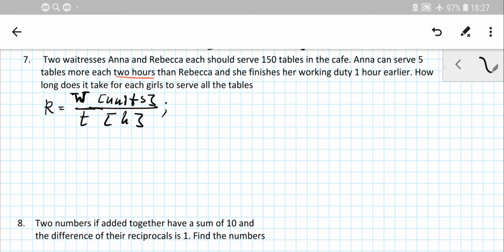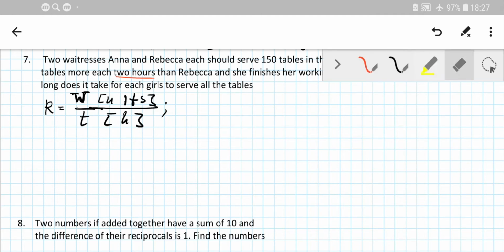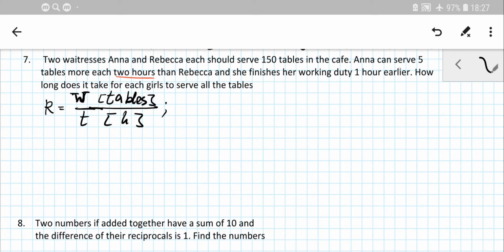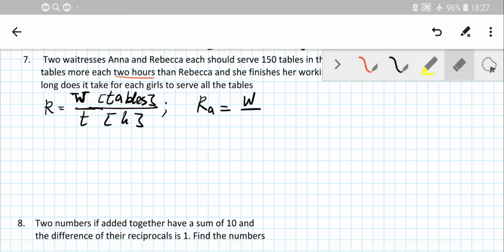In this case, units are tables, so we put tables here. I put index A for the rate of Anna, so the rate of Anna is RA. We know some work per time, per 1 hour.